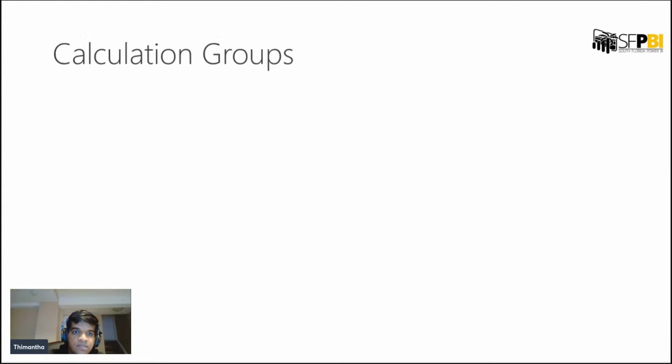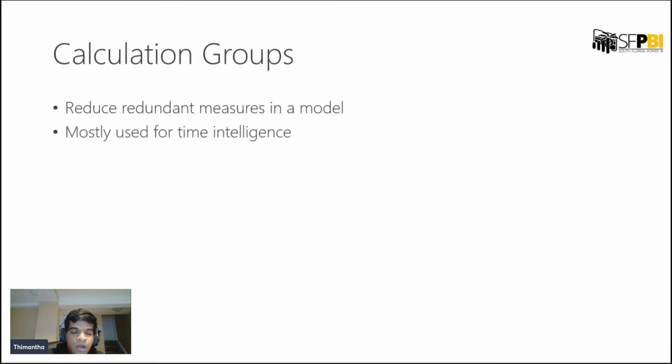Firstly, it is important for us to know what calculation groups are. Calculation groups is a feature in DAX that allows you to minimize redundant measures with the same calculation logic or expression. Primarily, these were used for time intelligence, but that is not the only use case. There is a lot more potential in calculation groups that you can use in real world scenarios.